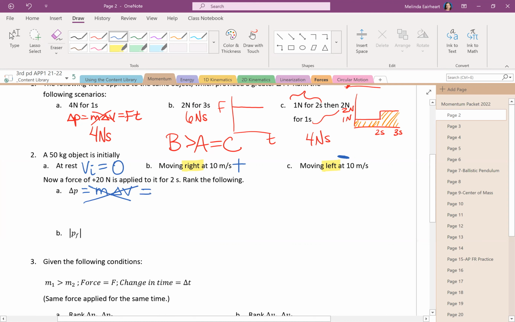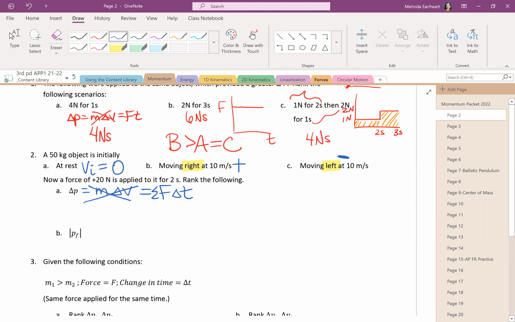What else is equal to change in momentum? Force times time. And so that F delta t, net force, they only tell us 1. We'll assume there's only 1, times that time interval. This is the time that the force is exerted on the object. And so, do they differentiate the force and time on each scenario?